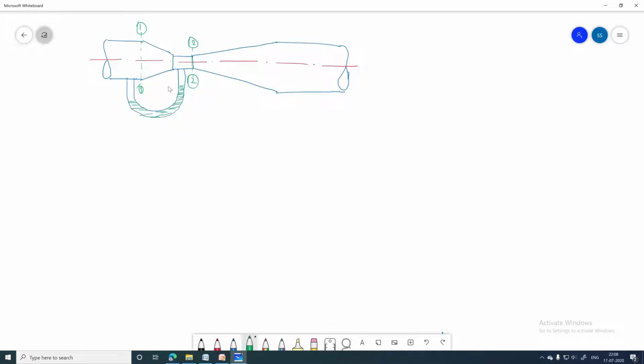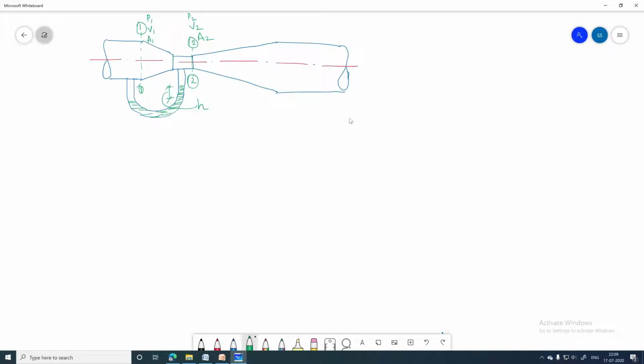This is the head difference, which we consider as H. At section 1, the pressure head is P1, the velocity is V1, and the cross-sectional area is A1. At section 2, the pressure head is P2, the velocity is V2, and the area is A2.